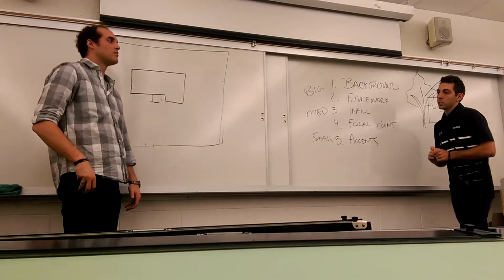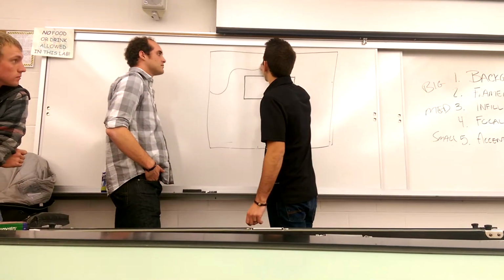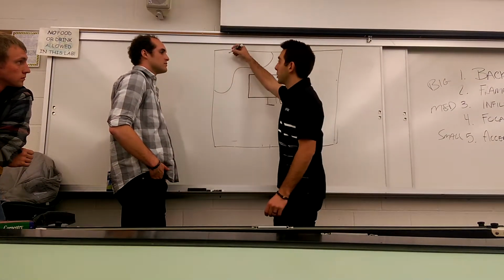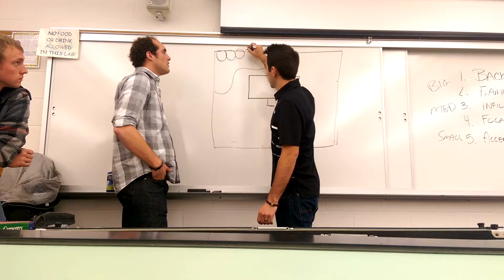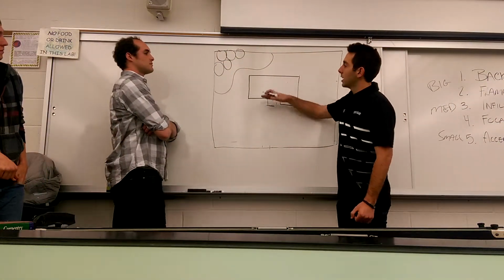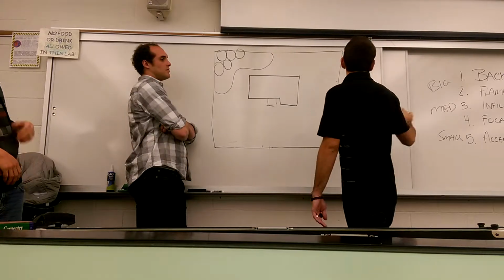But when you're planting, let's say you have a planting bed back here. You're going to want to stop your eye, so you do your backgrounds. So let's say we have some backgrounds. If you're standing here looking that way, it stops your eye. That's your big. And then your medium is your infill.